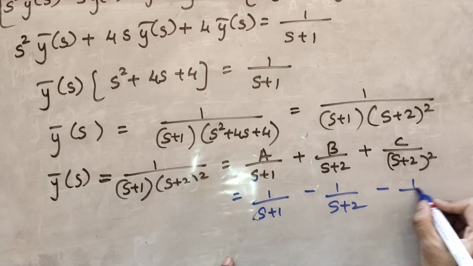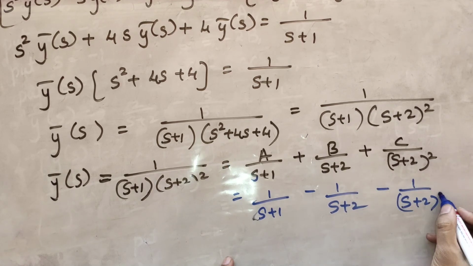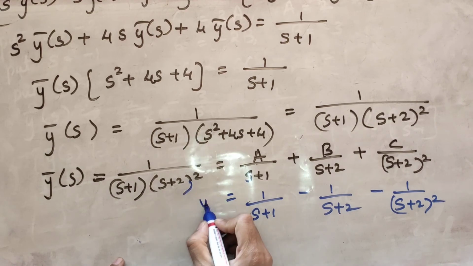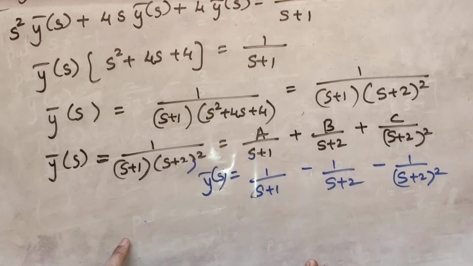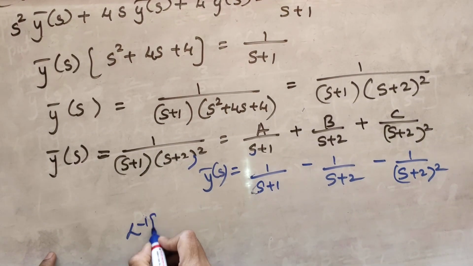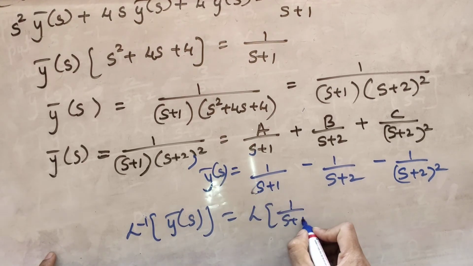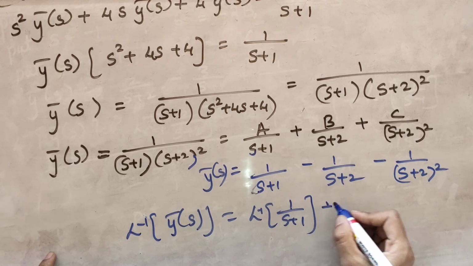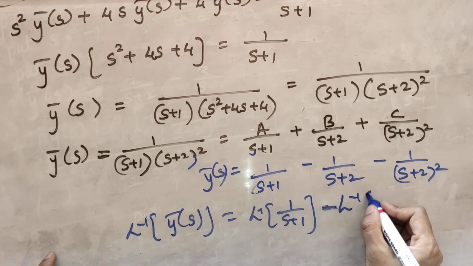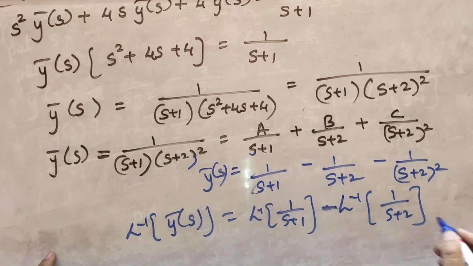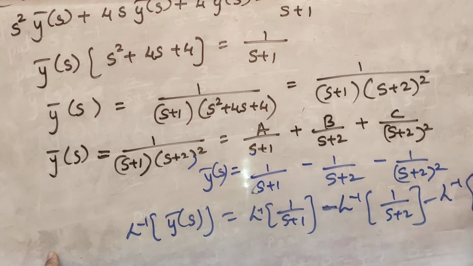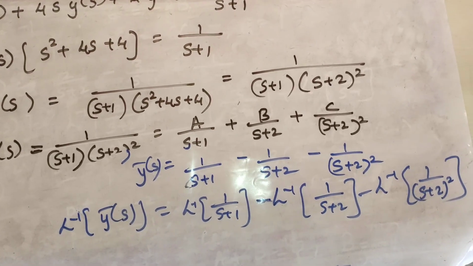C is also minus 1 divided by S plus 2 whole square. So this is your y bar of S. I want y of t from here, so apply L inverse. L inverse of y bar of S is equal to L inverse of 1 divided by S plus 1 minus L inverse of 1 divided by S plus 2 minus L inverse of 1 divided by S plus 2 whole square.